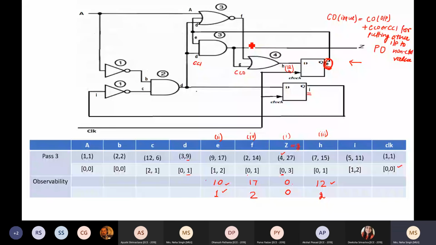Output is F. The observability of F plus the controllability of the inputs for setting to non-controlling value, which is 0, CC0 of E plus CC0 of A. So 17 or 9, 26 plus 1, 27 or 8, 28.